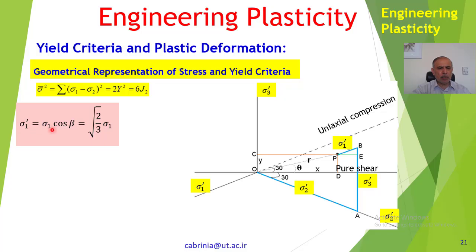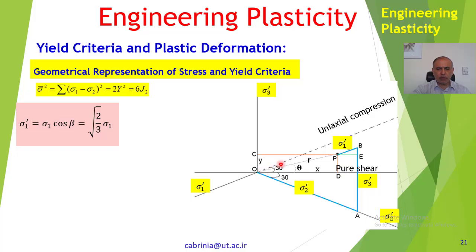Because we had scaled down sigma 1 to sigma 1 prime by this root 2 over 3, we can relate x and y to sigma 1, sigma 2, and sigma 3. Also, we have shown here this stress vector OP, and we have the Cartesian coordinates x, y, and also the polar coordinates r and theta. So r sine theta, r cos theta, r and y and x.